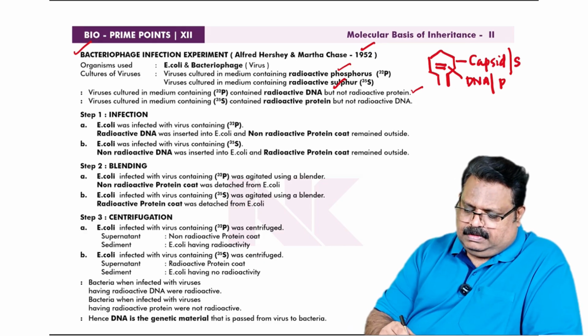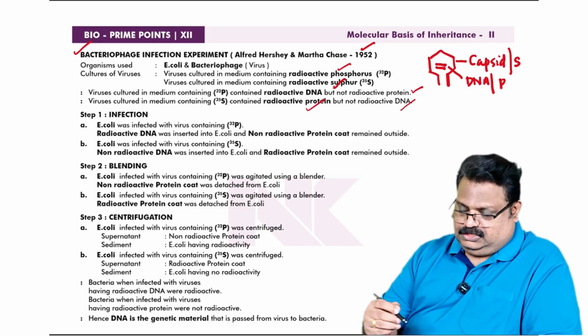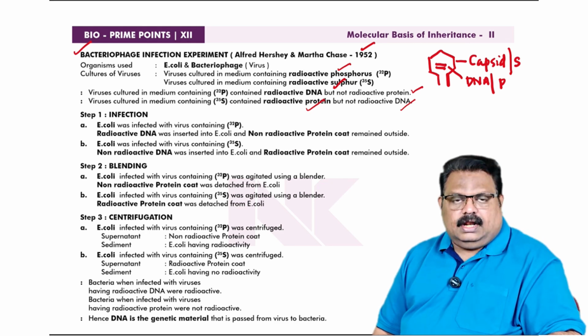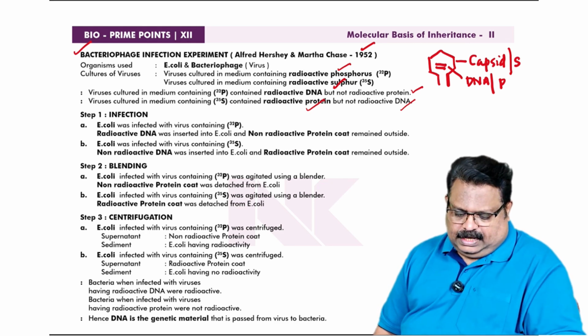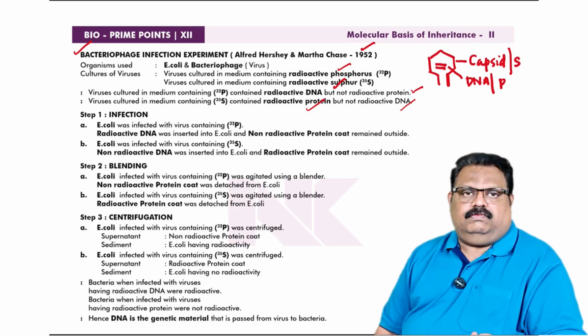Viruses cultured in a medium containing radioactive sulfur had a radioactive protein coat but not radioactive DNA, because sulfur is present in the protein coat called capsid. There are three stages in this experiment: one is infection, another is blending, and the third is centrifugation.